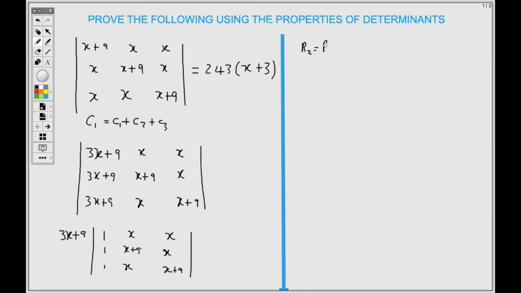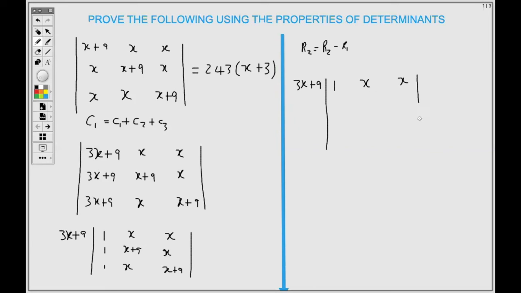So it'll be row 2 minus row 1. That will assist me in getting the 1 in this first column, second row to be 0. So let me rewrite the 3x plus 9. Now the first row is 1, x and x.